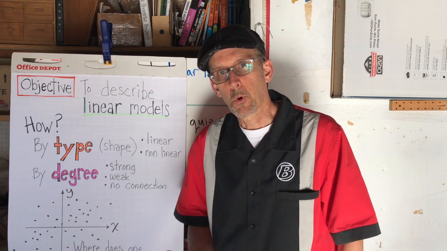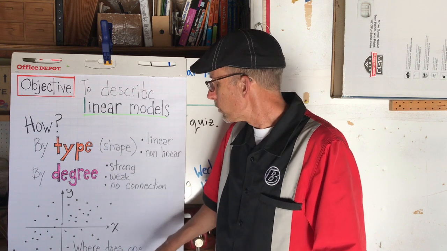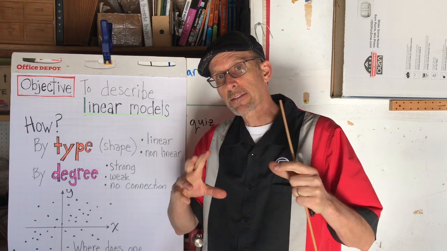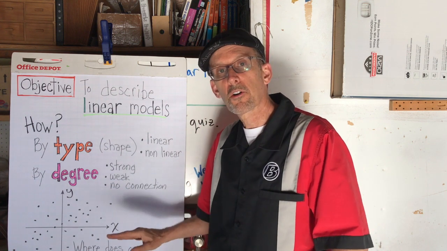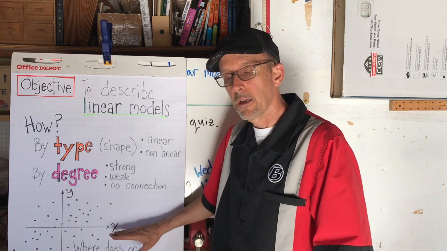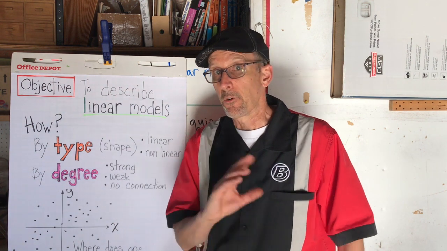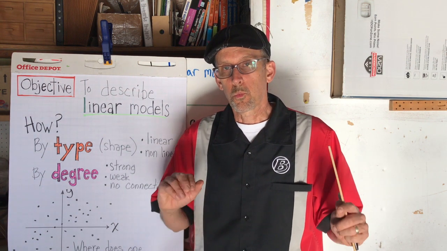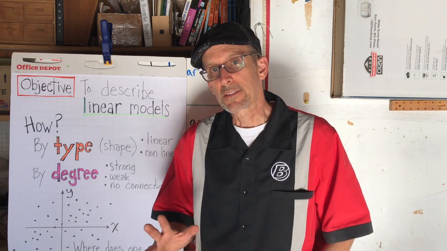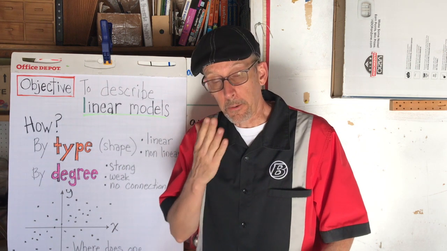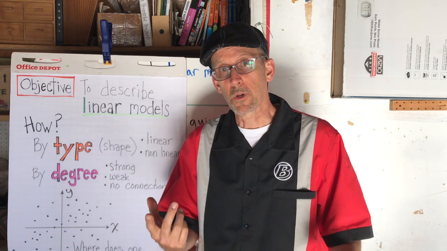So why is this important? The more confident you can be about how dots line up, the stronger the connection is between the quantities on the x-axis and the quantities on the y-axis. And right now, with the virus going on, this is what scientists are really looking to make connections with.